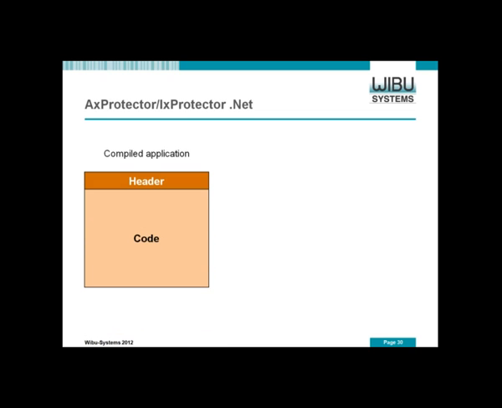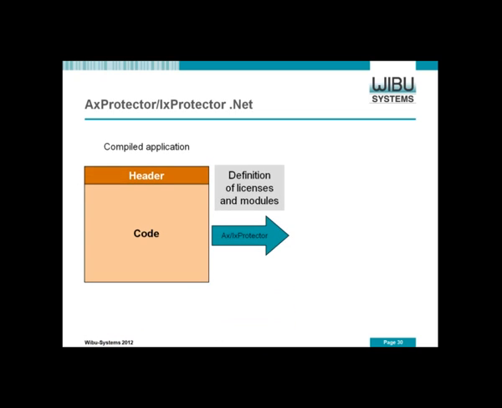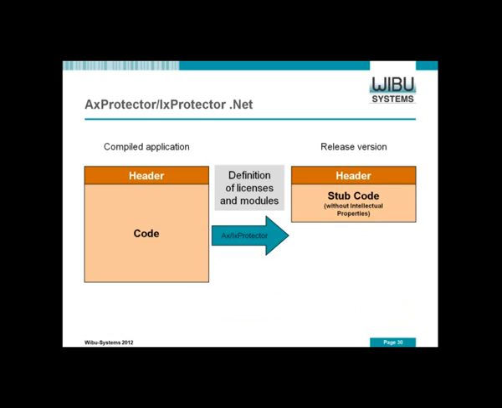Here's the compiled application with the header information and some code in it, and our AX IX Protector extracts the code and generates a new application which looks the same as the original application, with the same modules and the same functionality or function names, but now only includes some stub code, so some code without your intellectual property.